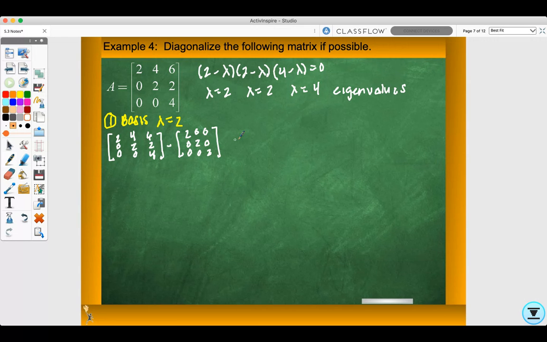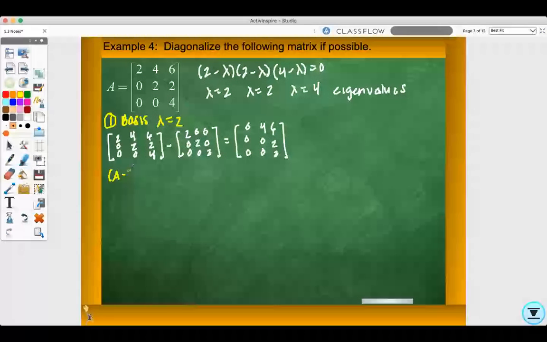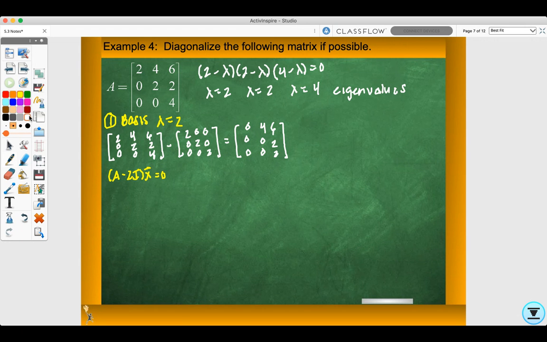And I end up getting 0, 0, 0, 4, 0, 0, 6, 2, 2. We need to solve for A minus 2I times x equals 0. So go ahead and get my augmented matrix.